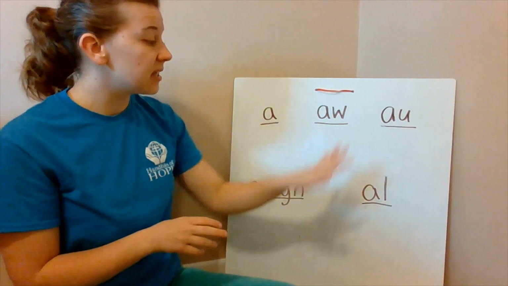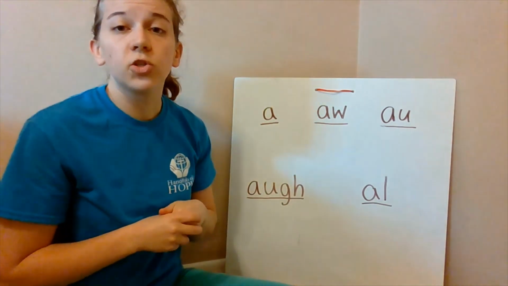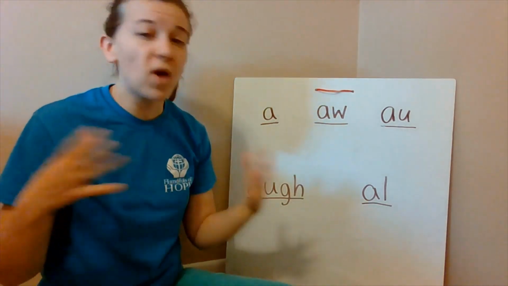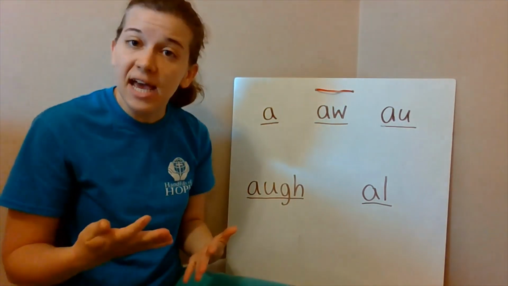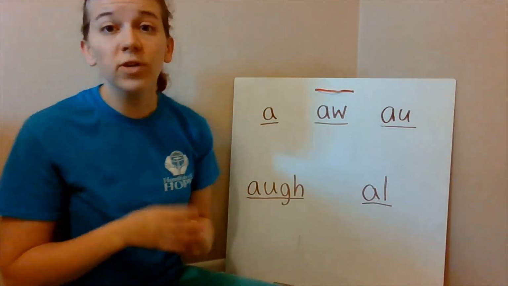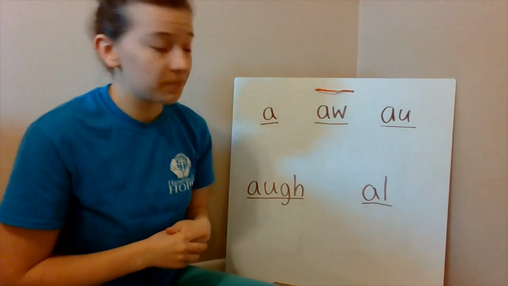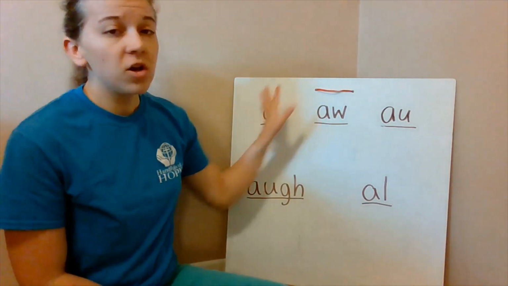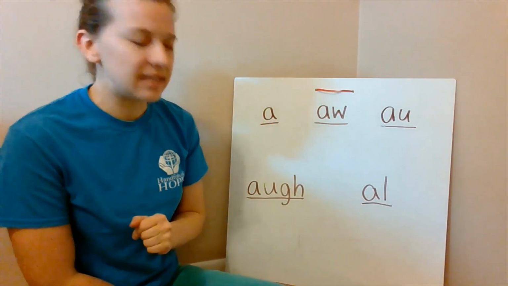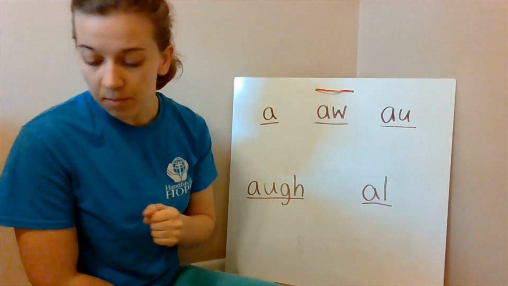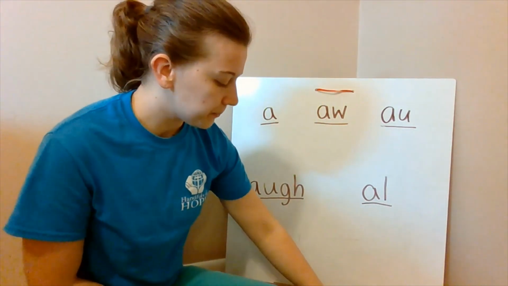Now you're going to see these letter combinations in your story for today and tomorrow and Wednesday and on your spelling test. So make sure that you're really focusing so you know which word goes with which letter combination. All right, so these all say aw, but let's see some examples for when they say aw.